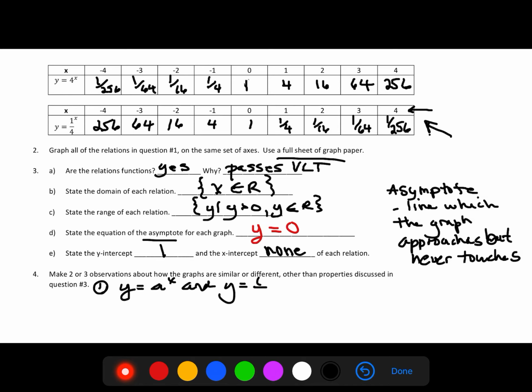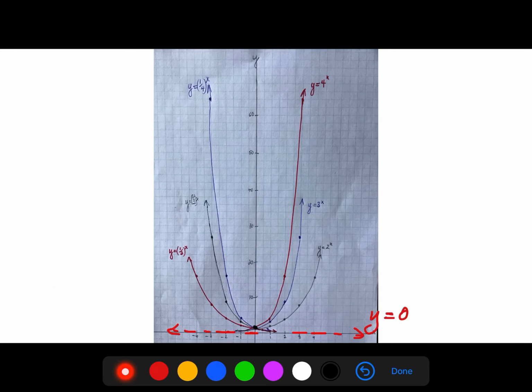Now, a couple of observations about our graphs. Notice that, first of all, y equals a to the power of x and y equals 1 over a to the power of x are reflections of each other in the y-axis, meaning that we could put a mirror right on that y-axis and see that it's exactly the same, they're just flipped around the y-axis.